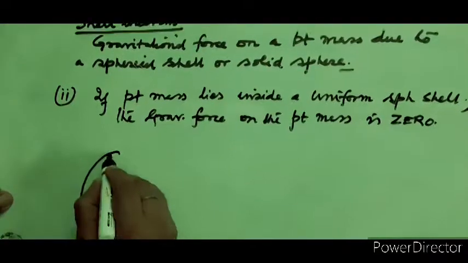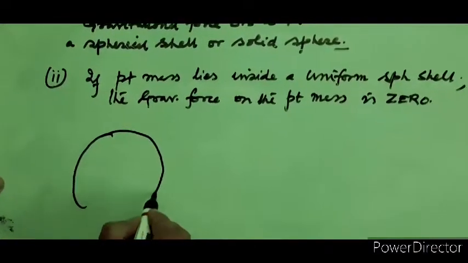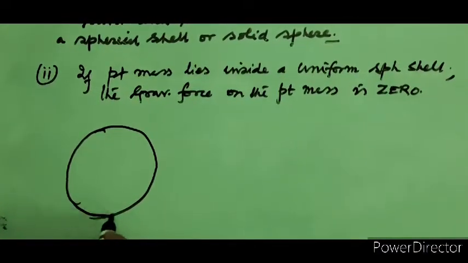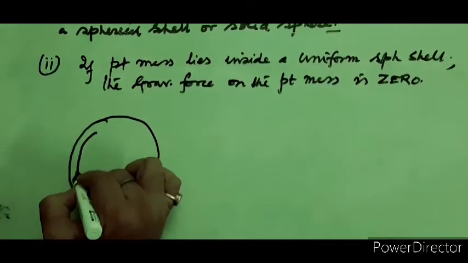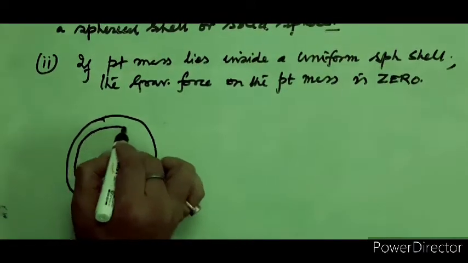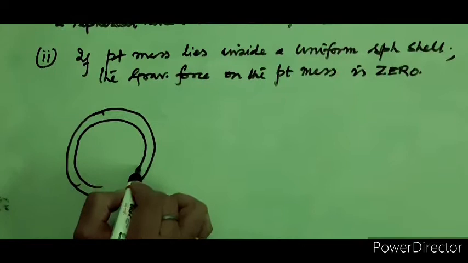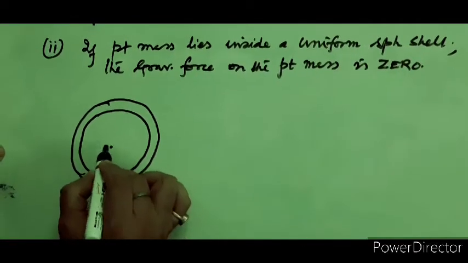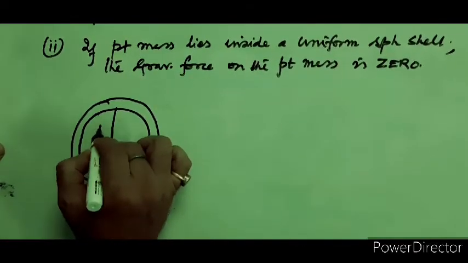This is the spherical shell, which I have taken like that, and the point mass is inside the radius r.